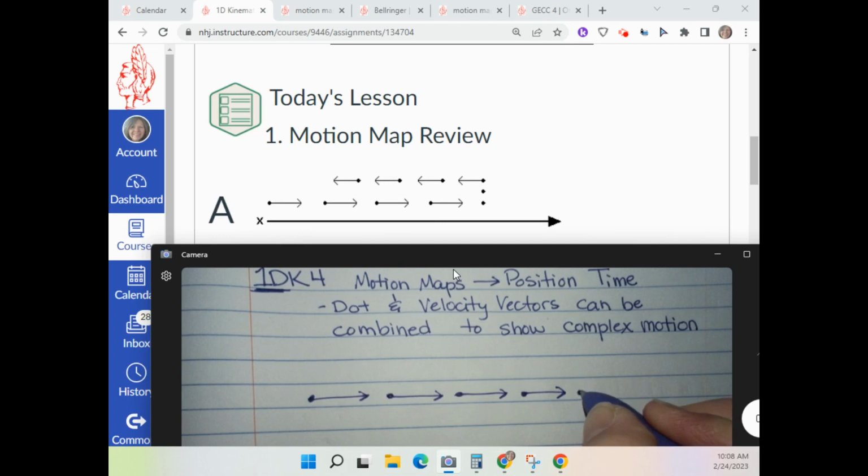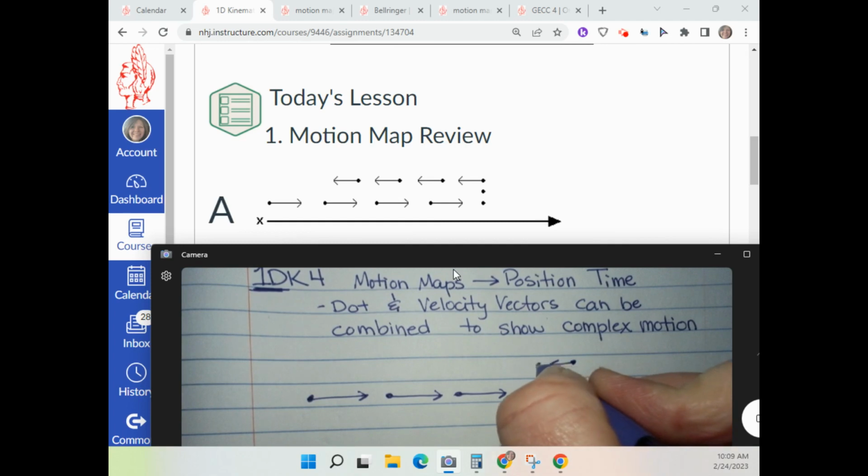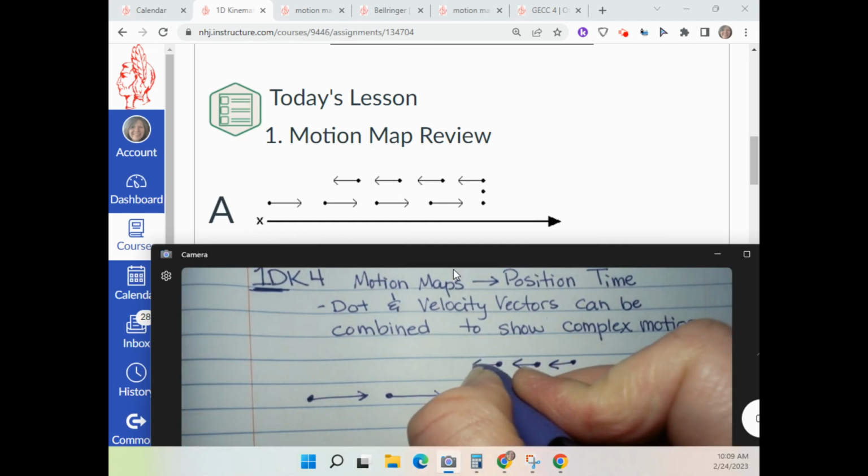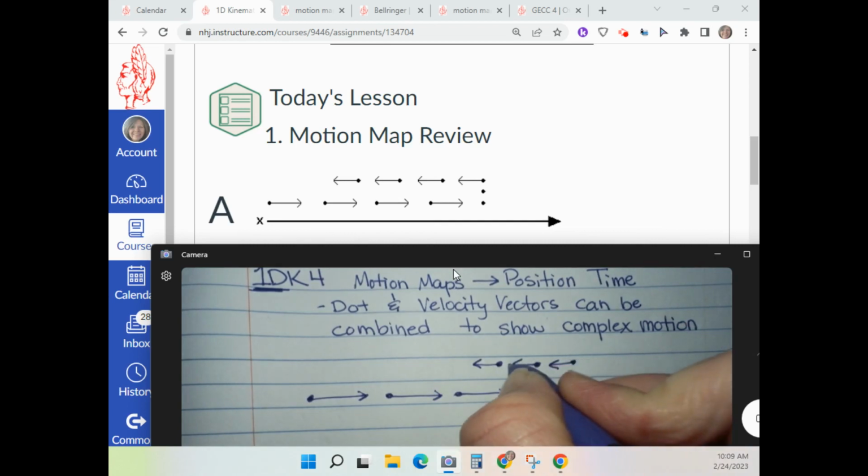And then I have a dot. Then I have another dot. Then I have another dot with a shorter arrow on it. And I have 3 more with those short arrows. So need one more.